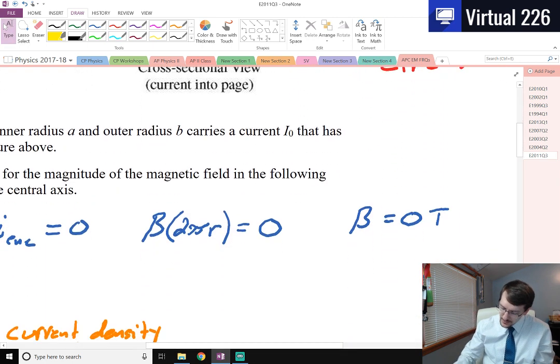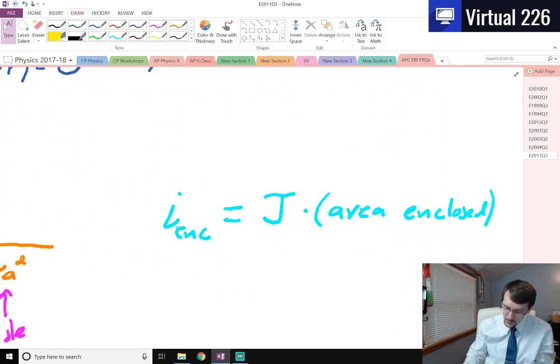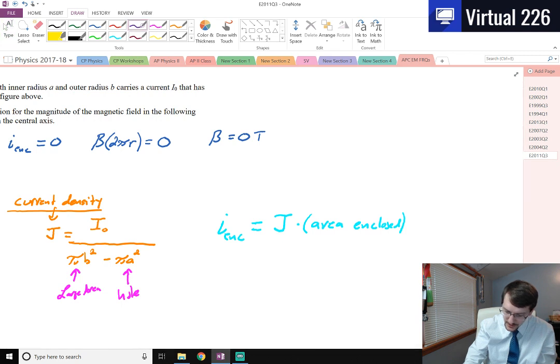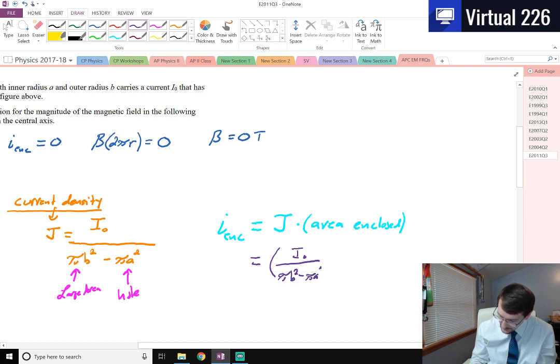We already know the value of J. This value of J is just I naught over pi b squared minus pi a squared. And then the area we have enclosed that we're multiplying by is just pi r squared minus pi a squared.